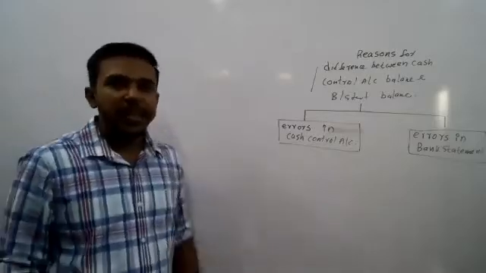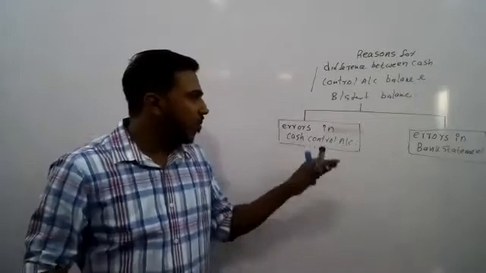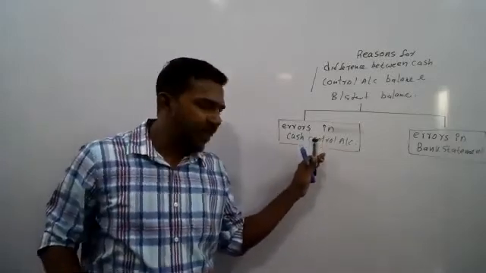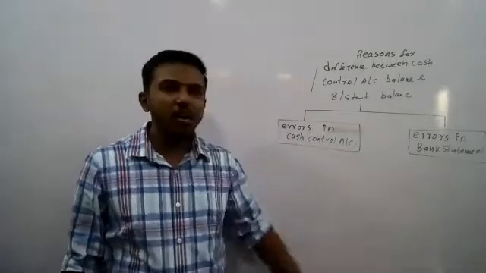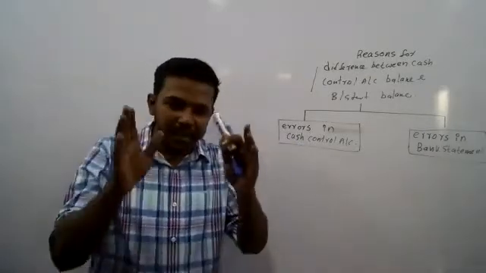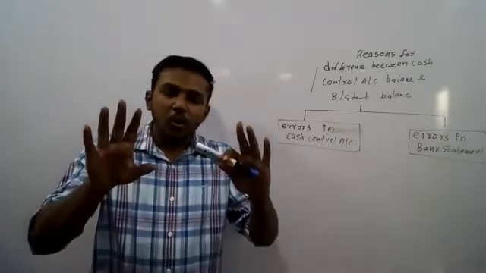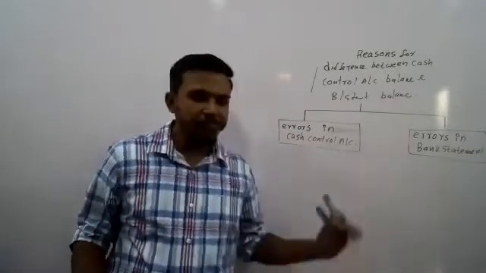Look here. As an example, if someone says cash control account hasn't recorded something, that's an error in cash control. If we say bank statement has not recorded something, that's an error in bank statement. Clear? Who has not recorded something, that's the error for them.